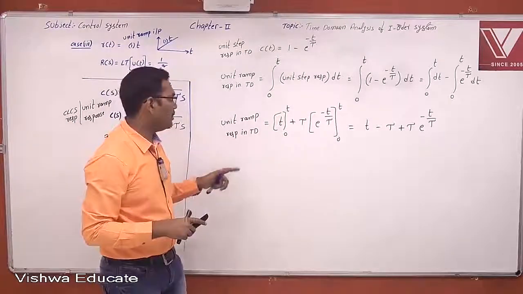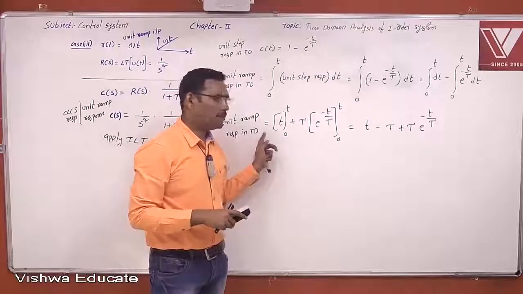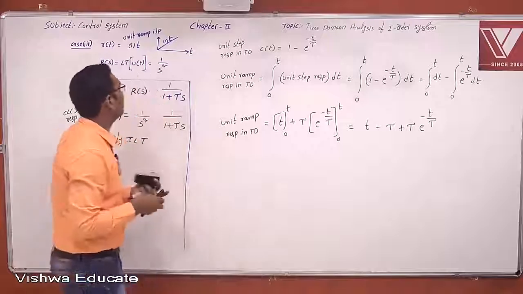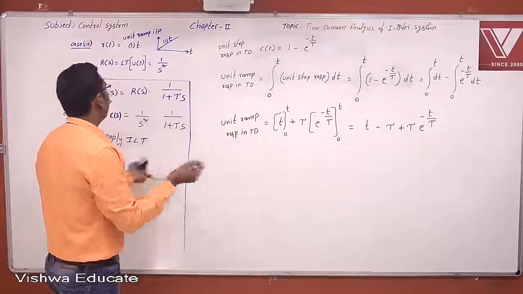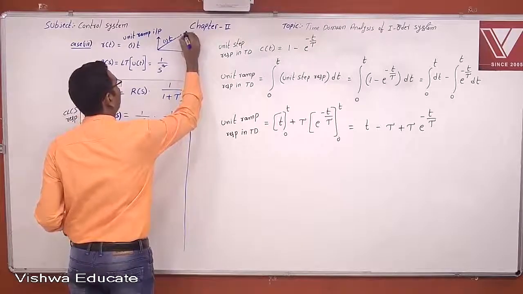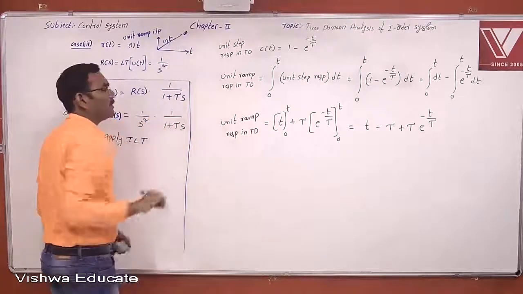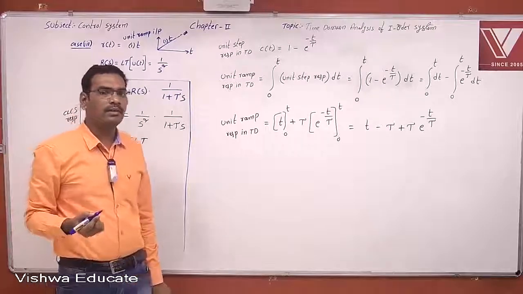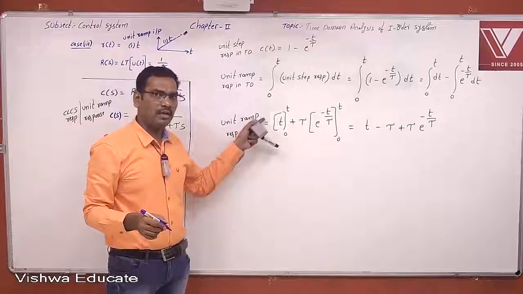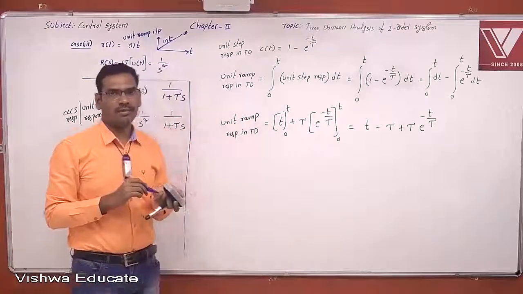And one more thing also, this is a unit ramp response. This is not used practically, only for theoretical or mathematical calculations, because this input is nothing but a bounded input or not. It is moving towards the infinity side. This is an unbounded input. Now, for unbounded input, we are not using those unbounded responses such as unit ramp response or any kind of responses.